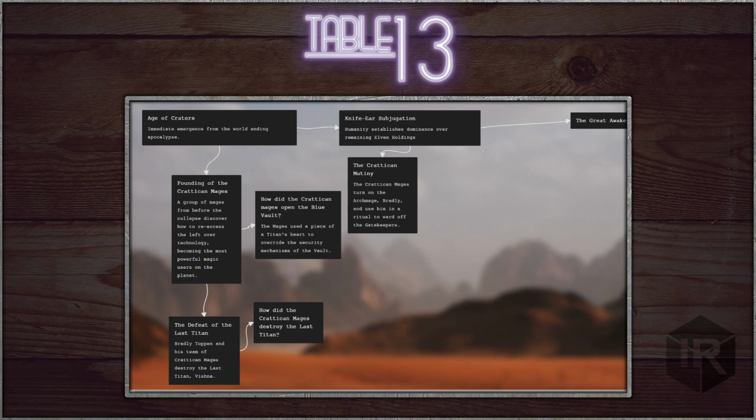Then to Bradley. Bradley is looking to establish the prominence and influence of the Kratikan mages through any means necessary. And this is the last big easy event like that.